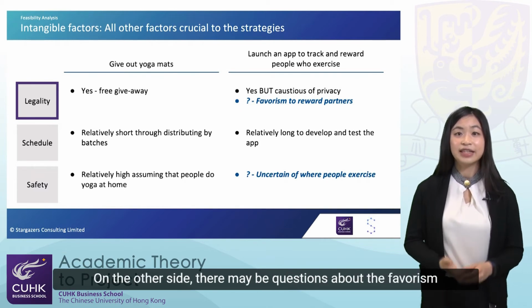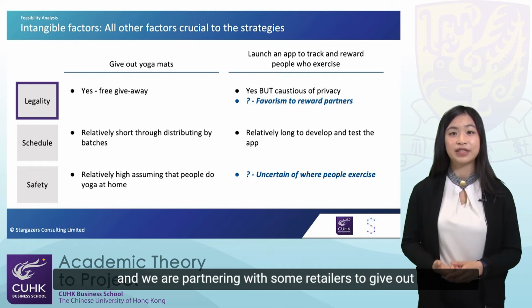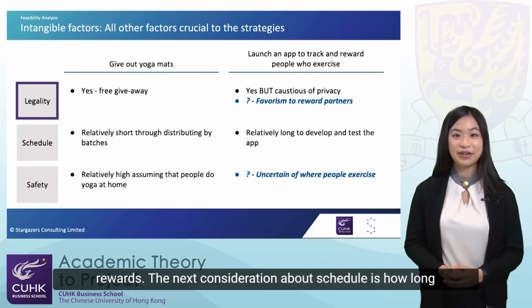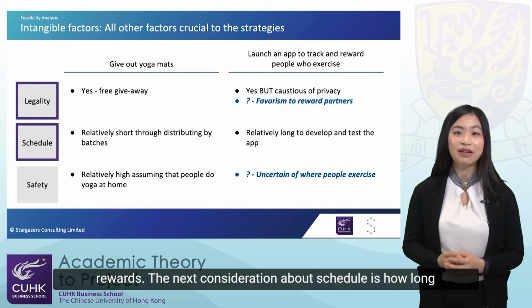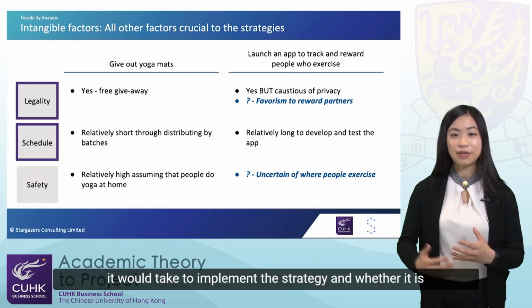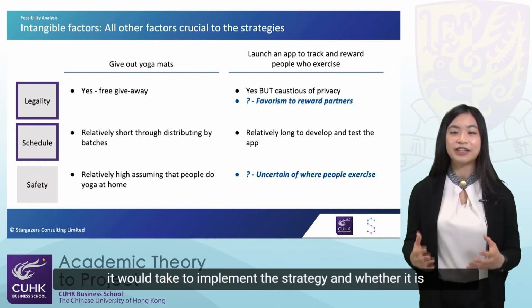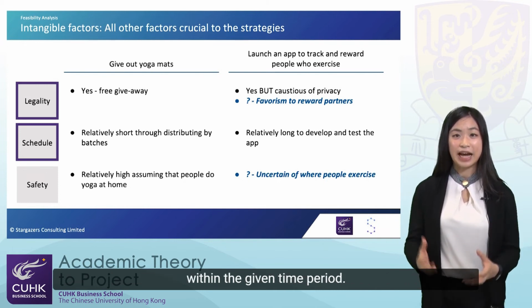On the other side, there may be questions about favoritism if we are partnering with some retailers to give out rewards. The next consideration, about schedule, is how long it would take to implement the strategy and whether it is within the given time period.